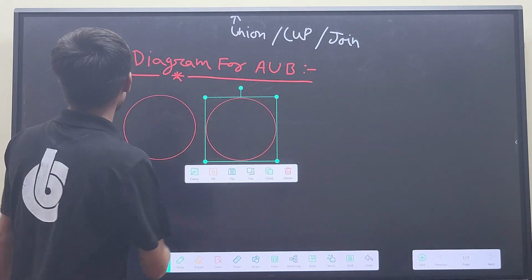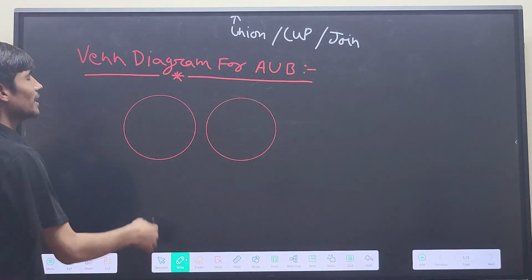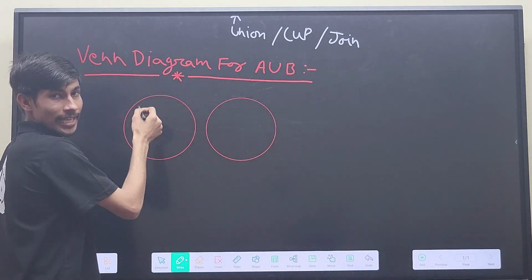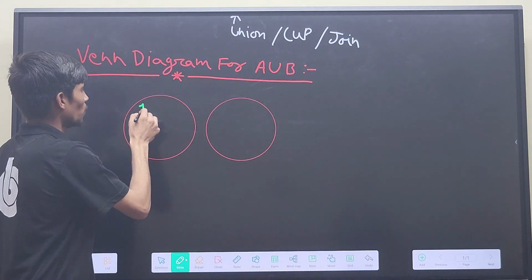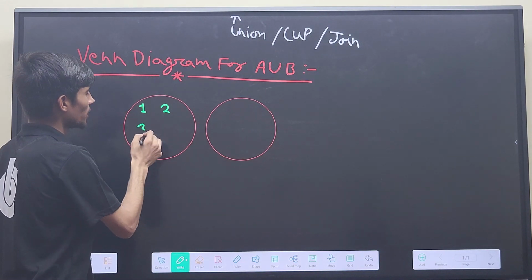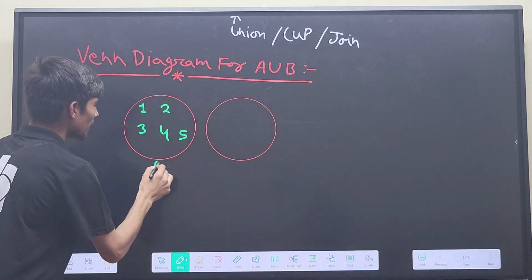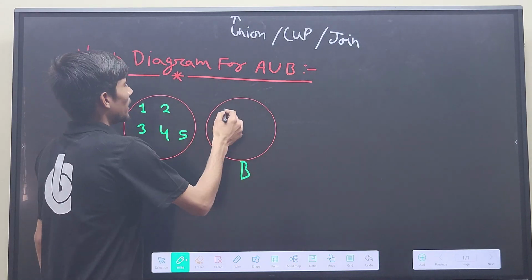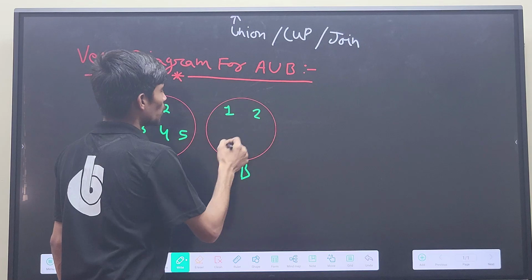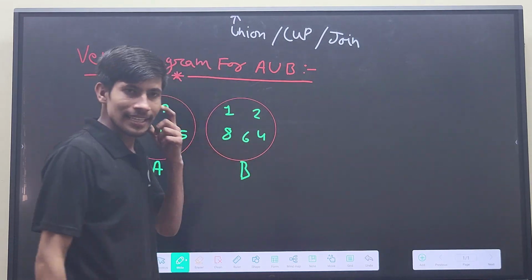How does the Venn diagram for A union B work? See here. Let's say there are some digits given in this diagram, which are 1, 2, 3, 4, and 5. This one is A and this one is B. Now, here 1, 2, 8, 6, 4. Some other digits are there.